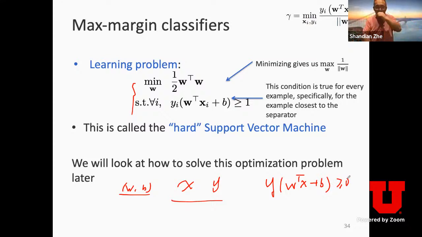Now, if we look at the constraints in our hard SVM formulation, we not only require the product between the ground truth label and the prediction by W, B to be non-negative. We're doing this even more strongly. We require for every example this product to be at least 1. This is a very strong requirement. It means you have to correctly classify every example in your training set.